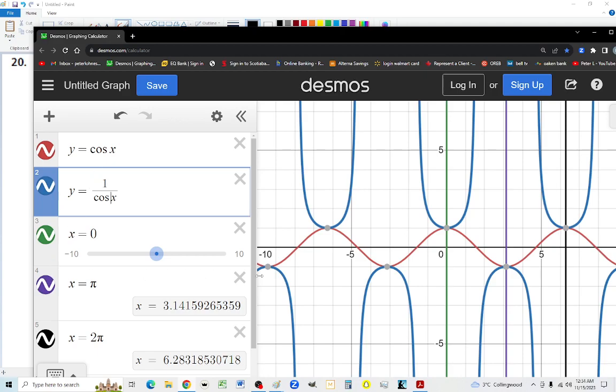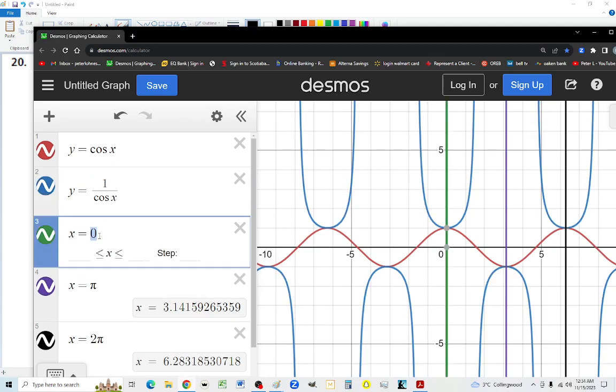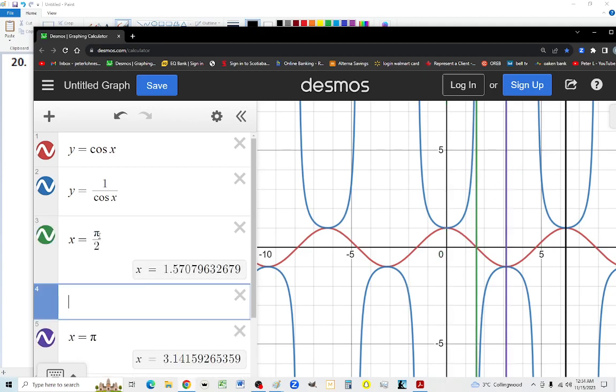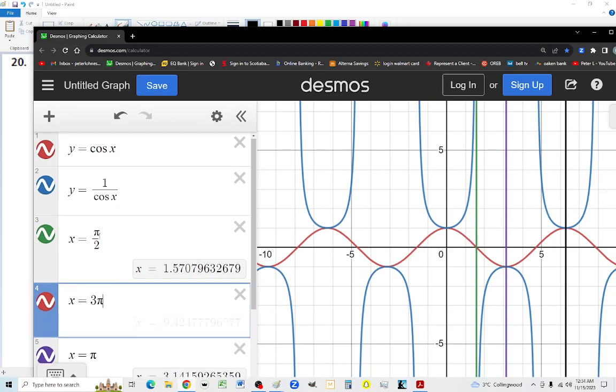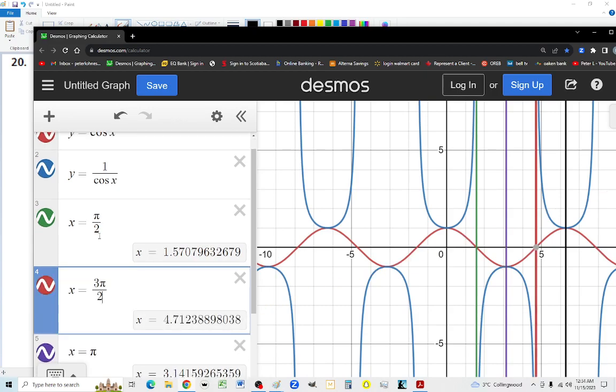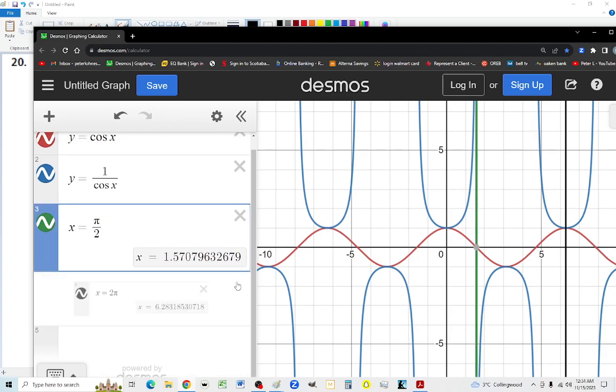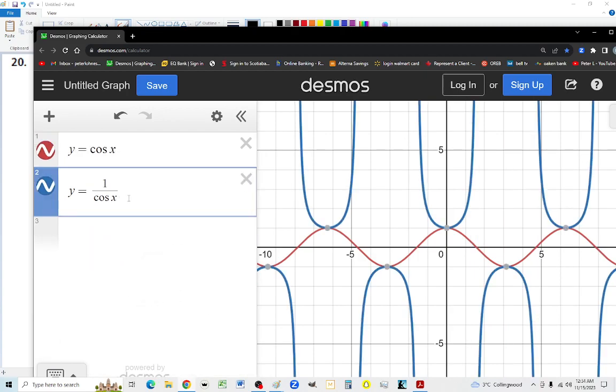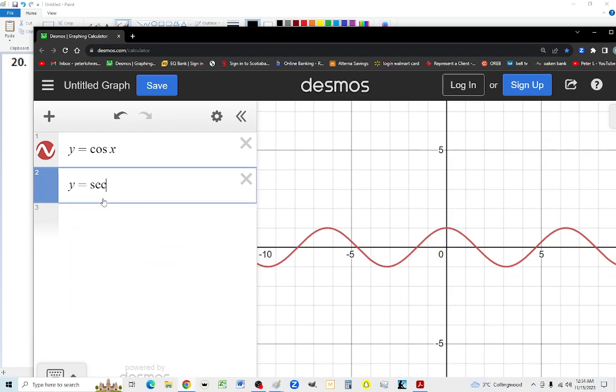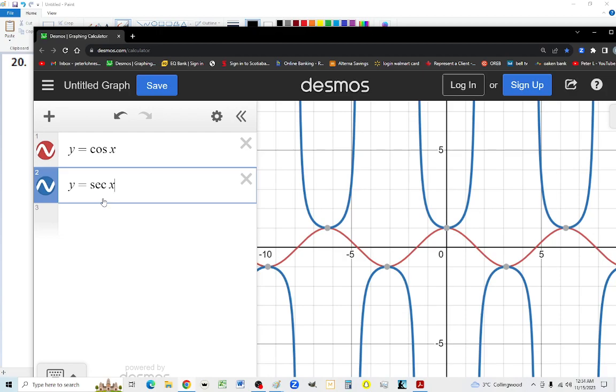It's going to touch the 1. This time the asymptotes will be at x is equal to pi over 2 and x is equal to 3 pi over 2, and repeats every pi. So there you go. You can also call this secant x.